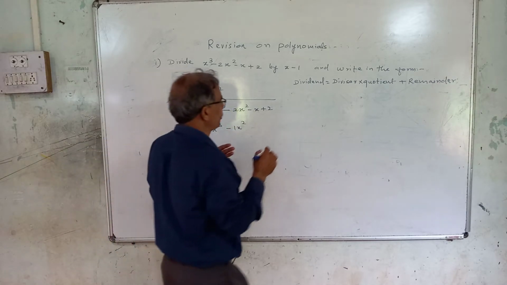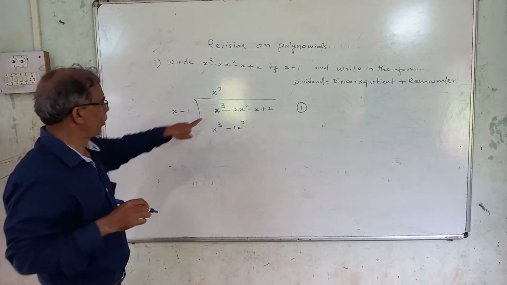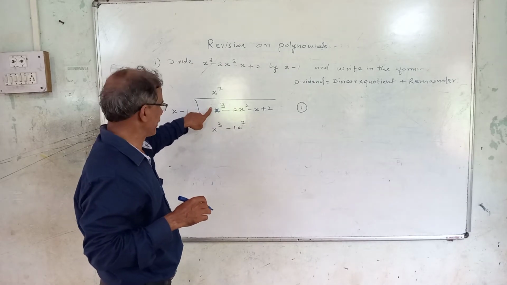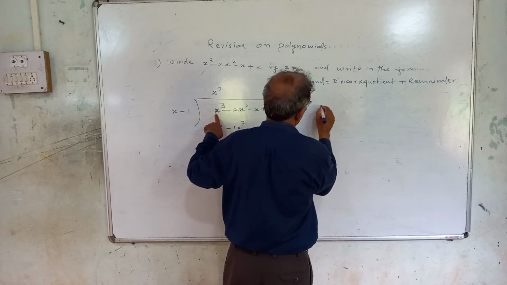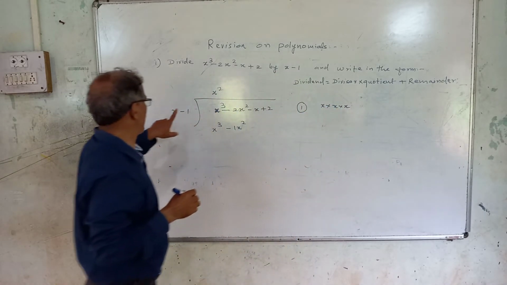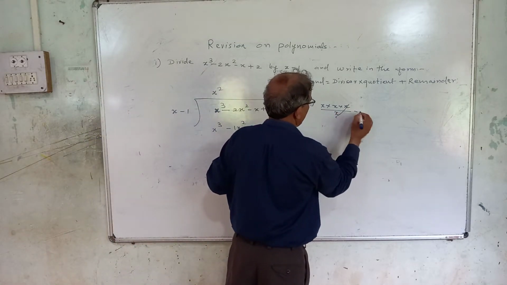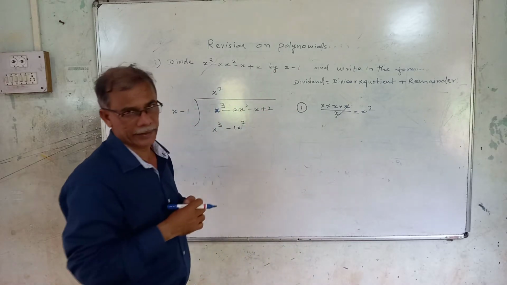Or I had told you one method, if you don't know how to directly determine, we want to cancel x cube term. To cancel x cube term, we must have x cube term, no? So write that term in product form, x into x into x. And dividing by what? X. So what is remaining? X into x square. Write that into quotient.